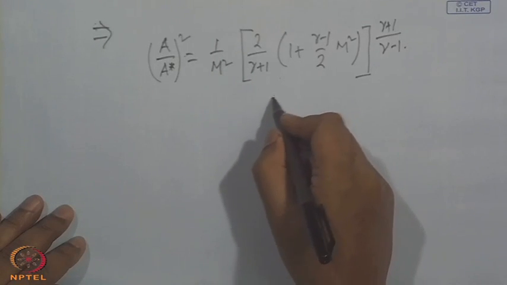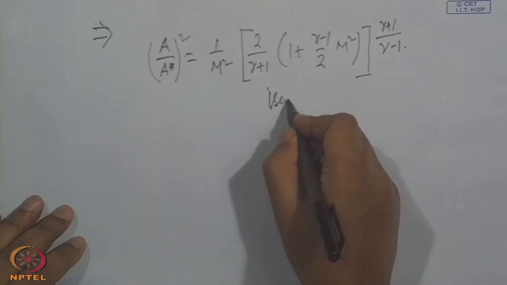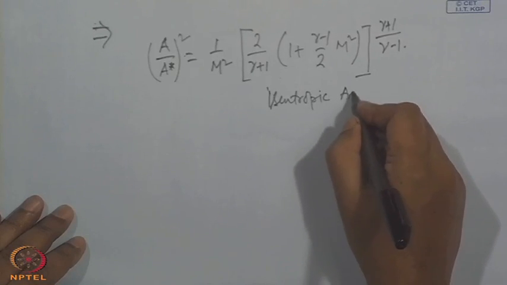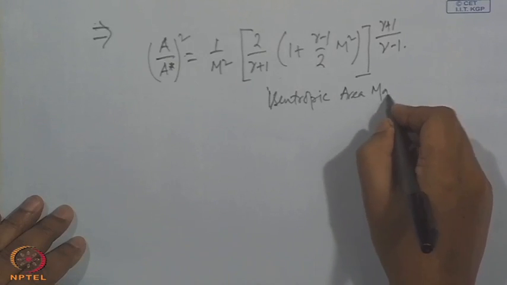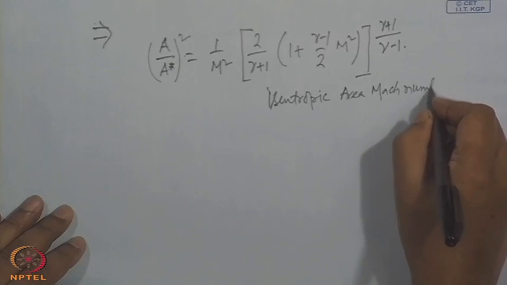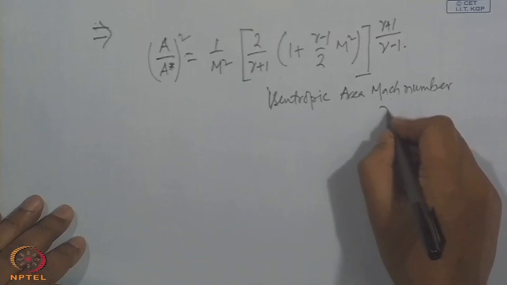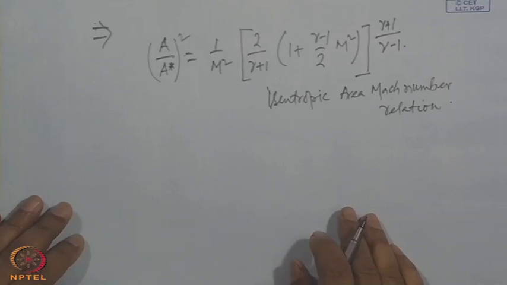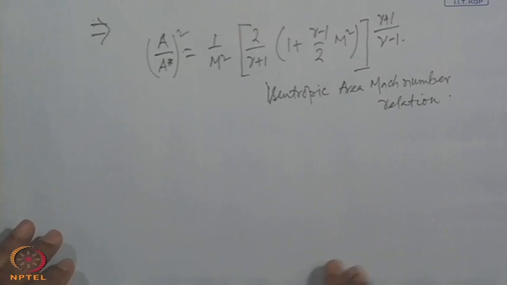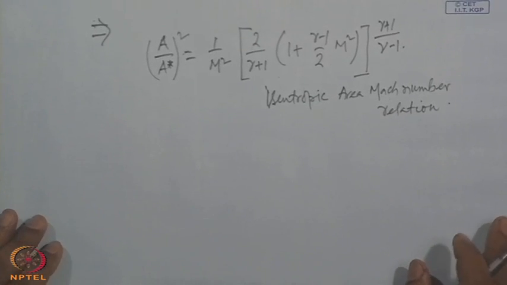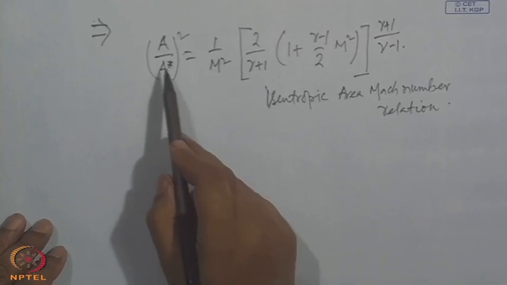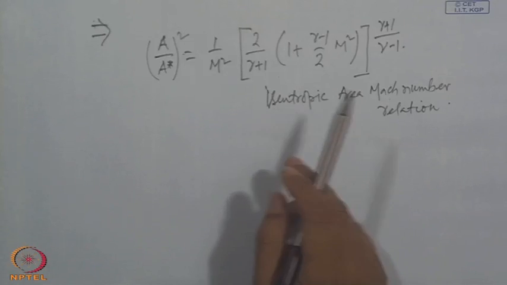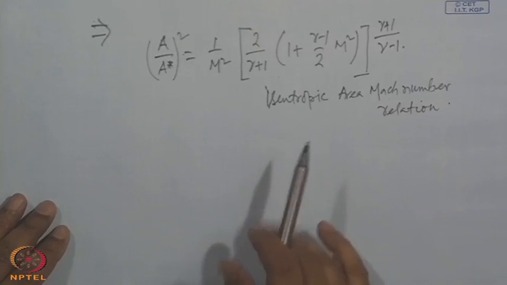So, this is what is the isentropic area Mach number relationship. So, that is a definite area ratio for a particular Mach number in a one dimensional flow through duct.